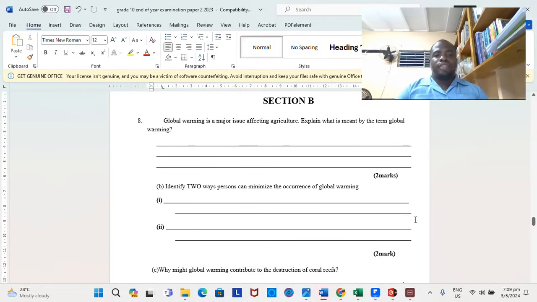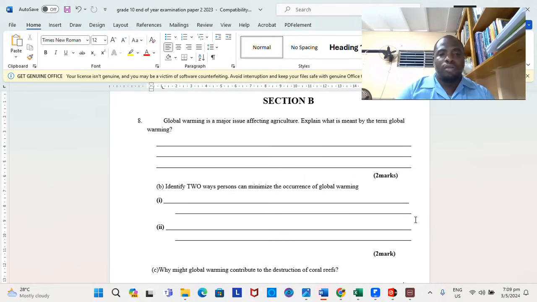Question 8 says global warming is a major issue affecting agriculture. Explain what is meant by the term global warming. So global warming is the increase in the temperature of the atmosphere due to the increase in greenhouse gases.